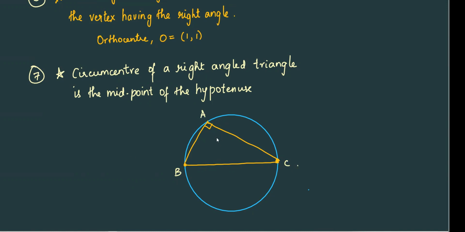So now from the center of the circle, this circle is passing through the three vertices. This is the center O, or this is not the orthocenter, of course.